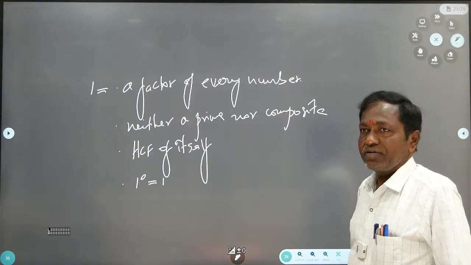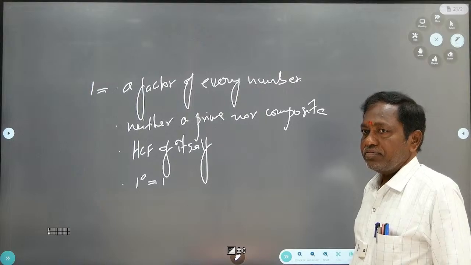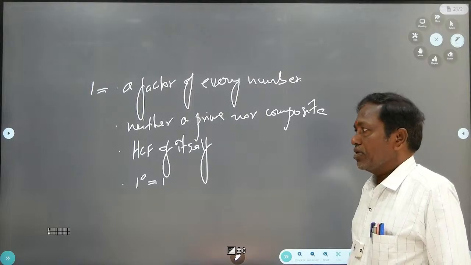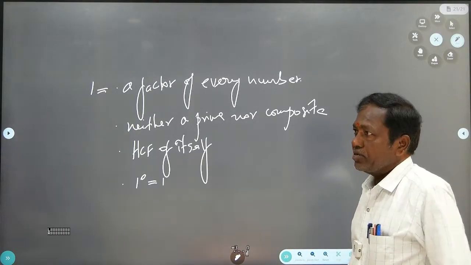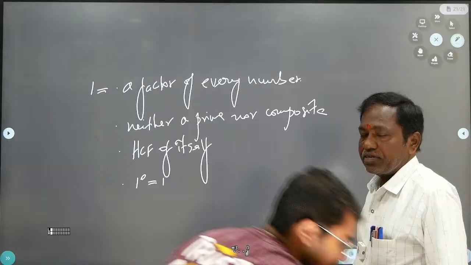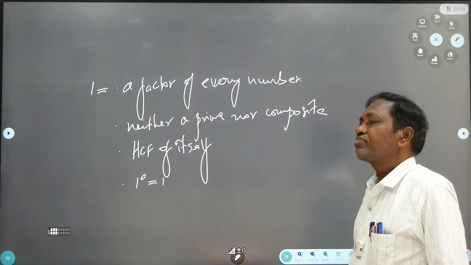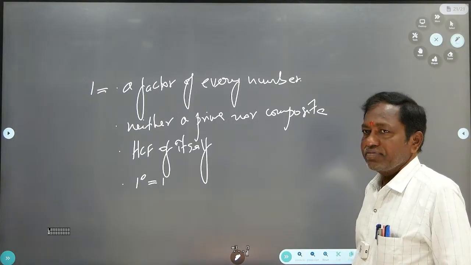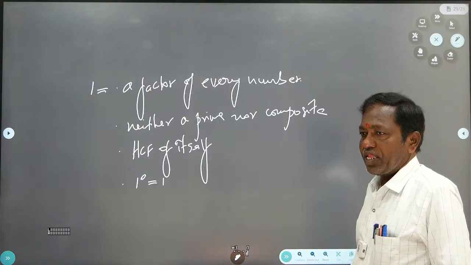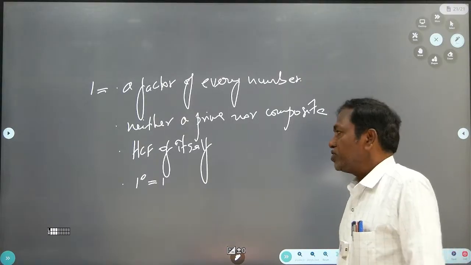What are the other properties of 1? Smallest natural number.